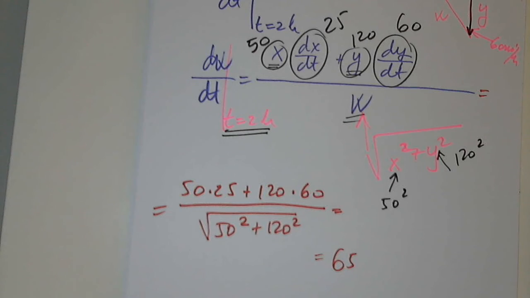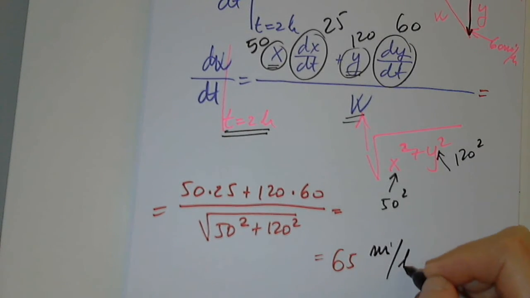Miles per hour. Yes, it's the rate of change. So every time we talk about a rate of change, the answer as a measurement unit will always be a ratio of 2 measurement units. So far, so good?